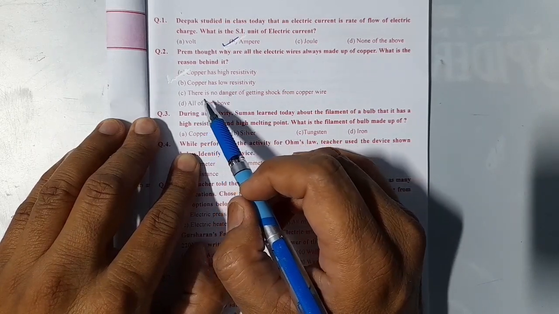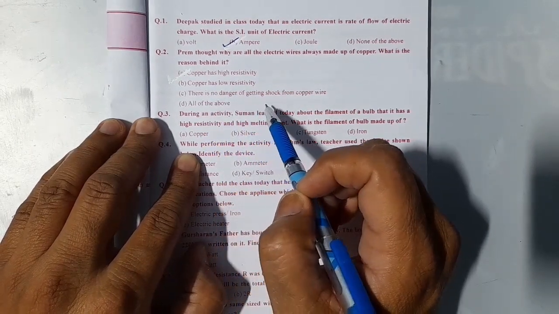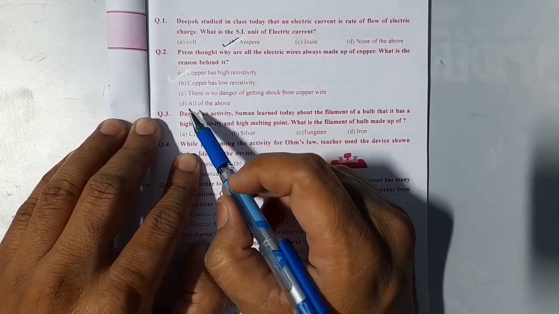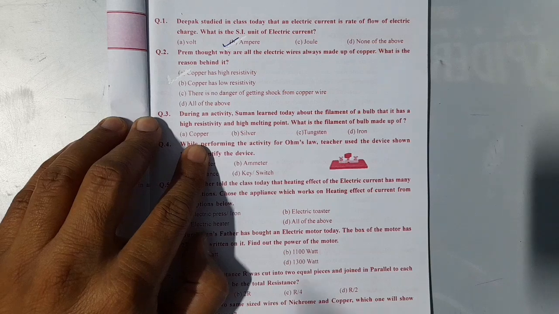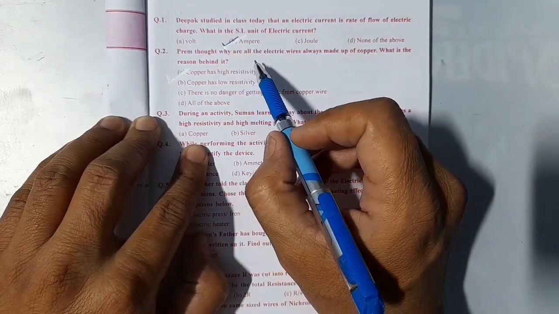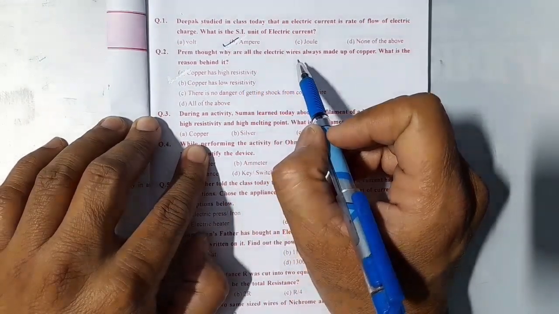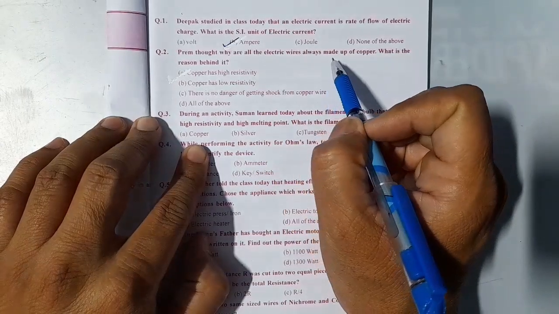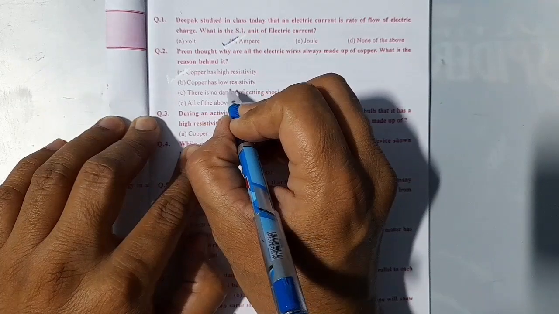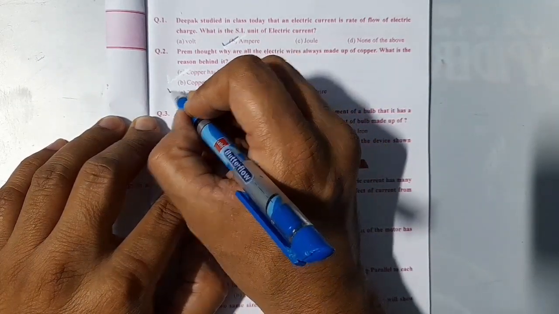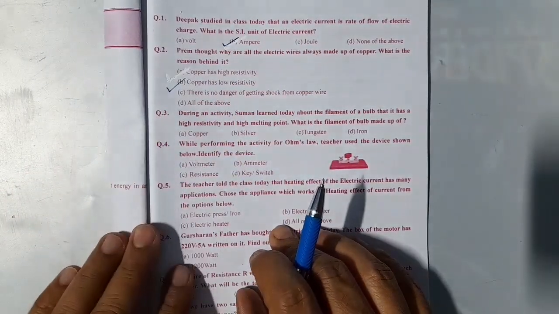Option C, there is no danger of getting shock from copper wire. Or option D, all of the above. So students, we know that all electric wires are always made up of copper because copper has low resistivity. So its correct option is option B.